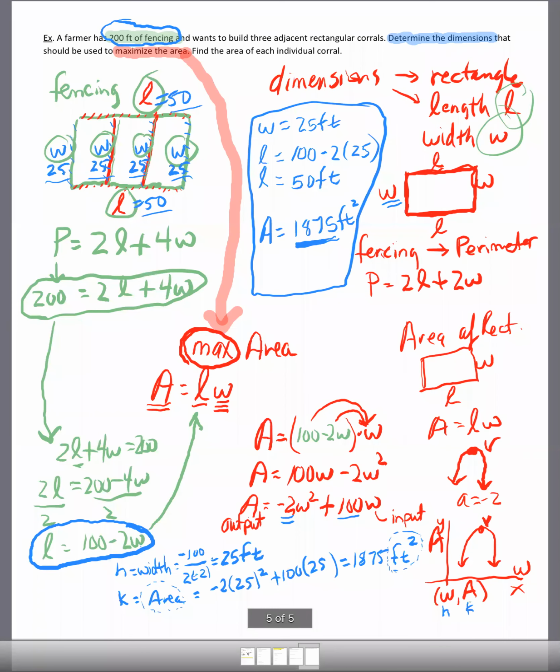But as you start putting perimeter and area together, they end up giving us a quadratic model. And so this quadratic model then allows us to go and find the vertex, the maximum or the minimum, whatever the case is. And so it's a really cool application of mathematics to figure out, okay, where should I go and cut the fencing at?